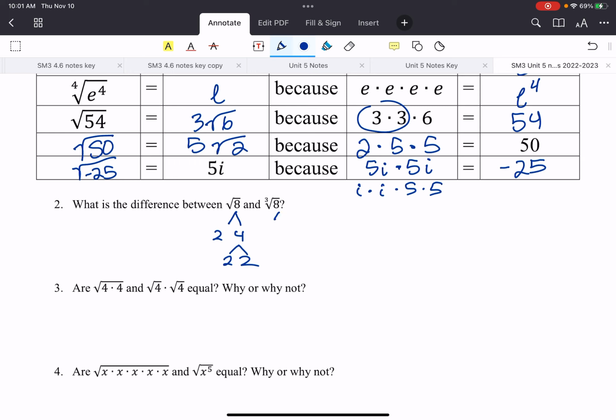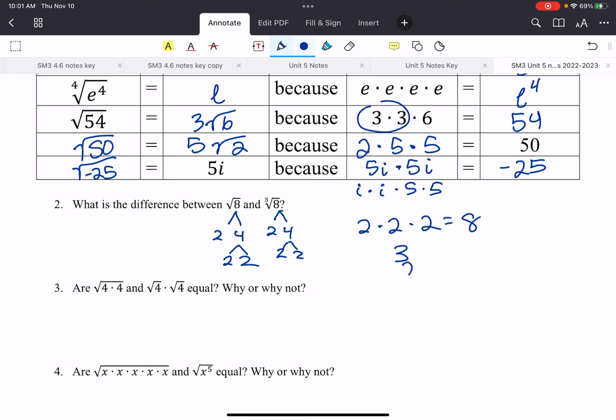You could do that with this too, 2 times 4, 2 times 2. So we have three of the same number right here. So that means the cubed root of 8 would be 2, yeah? Because 2 times 2 times 2 equals 8. So there's 3 of these.